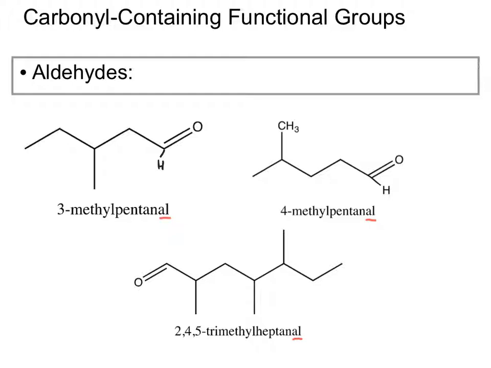We do see the hydrogen written in here. Then in this case here, we have a hydrogen as well. And so we know that these are aldehydes, both because of the hydrogen coming off our carbonyl carbon, and because all of the names end in AL.